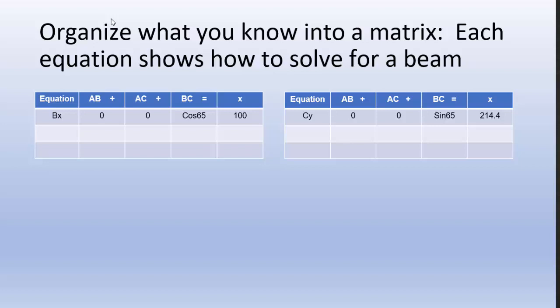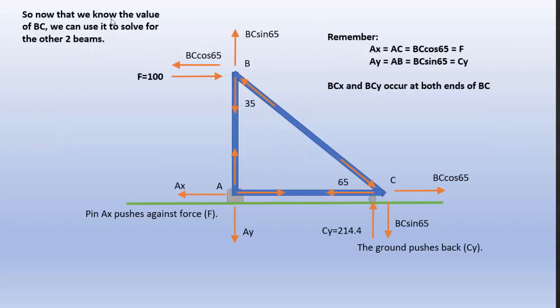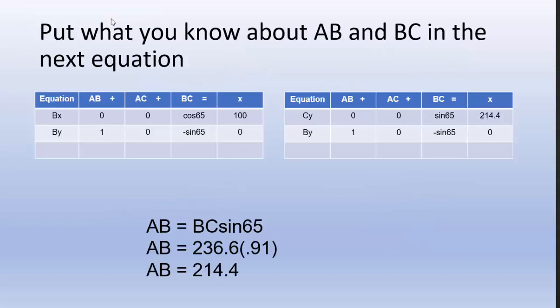All right, now that I know what BC is, I can use that to solve the other two beams. As we mentioned before, BC sine 65 is aligned with AB, they're equal and opposite, so AB equals BC sine 65. I'll put this in my next set of equations. Notice I can use it for both of them.